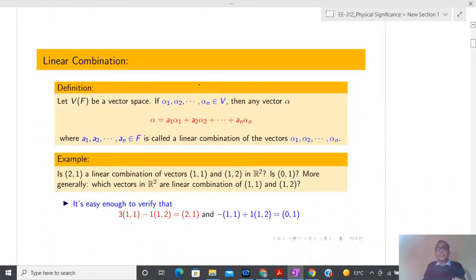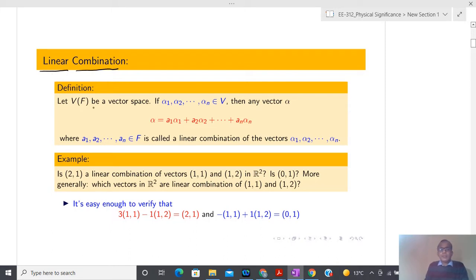In order to define the subspace, I need one further definition, that is the definition of linear combination. Using this definition, I can define the notion of subspace.